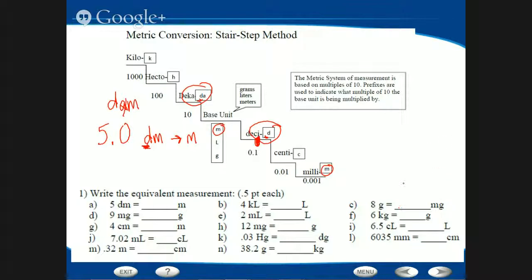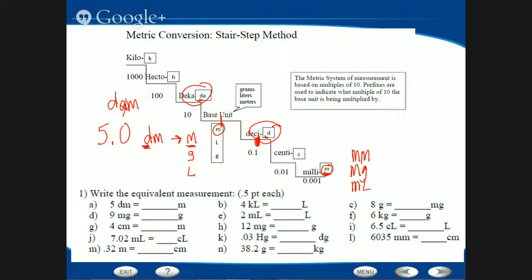Whenever the letter is singled out, when it's all by itself, you always go to the middle, whether it's an M or a G or an L. The only time this M would be counted is if it was millimeter or milligram or milliliter.